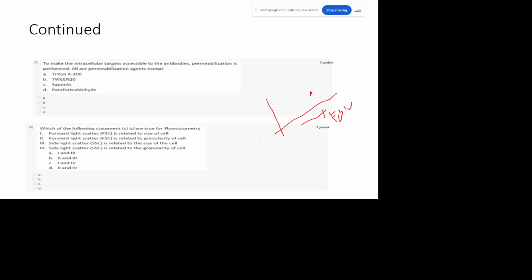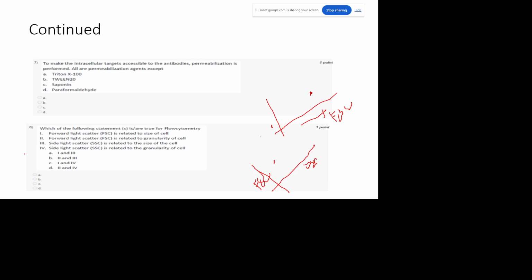If you plot this graph in such a way that here is size and here is your FSC, then FSC will give you the highest value for the largest cell, because it can scatter light the most. The larger the cell, the more forward scattering. If the size is very big, it will give you a very high FSC. If the size is low, it will give a lower FSC, right?